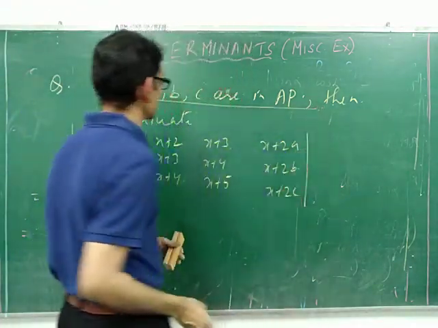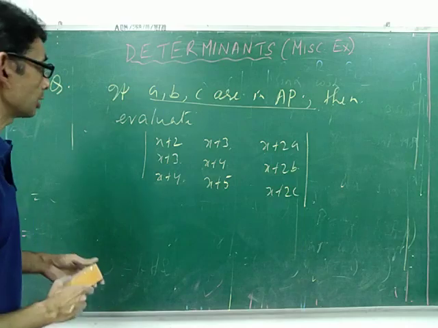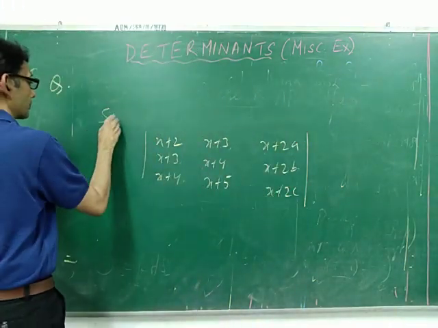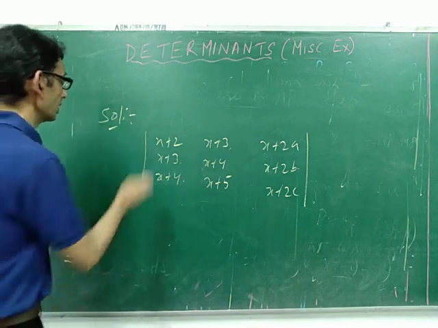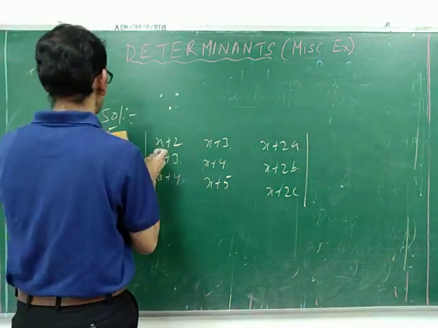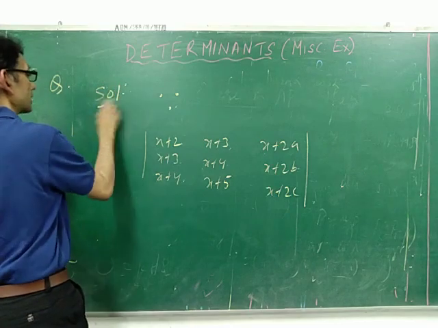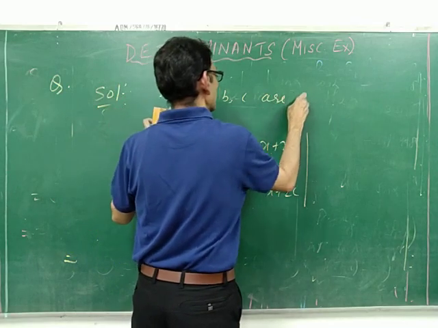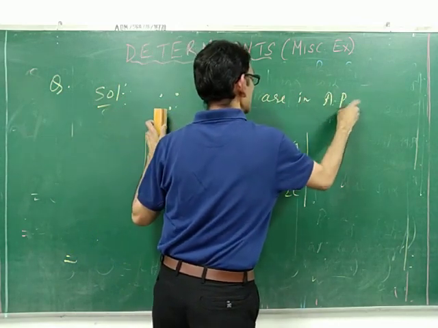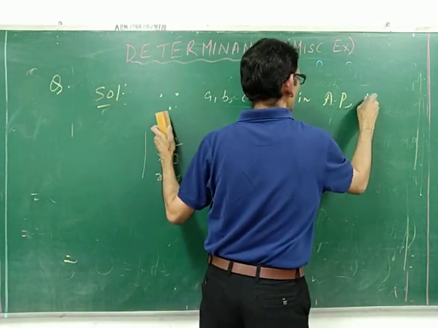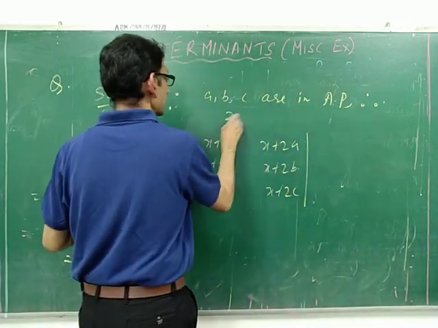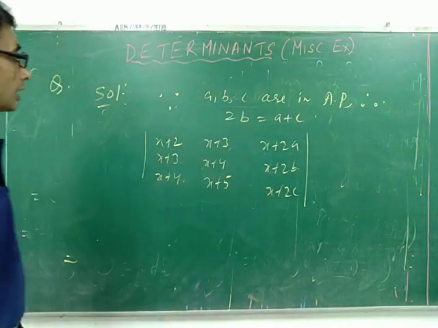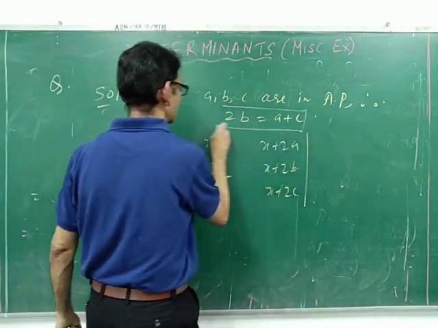Since it's given that A, B, C are in AP, therefore 2B is equal to A plus C. We know that this is a simple rule for arithmetic progressions.